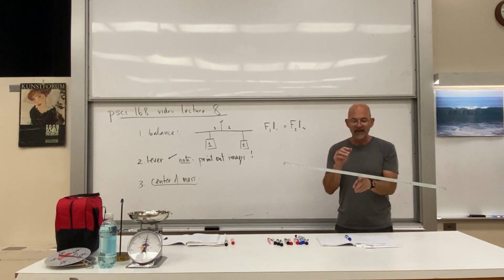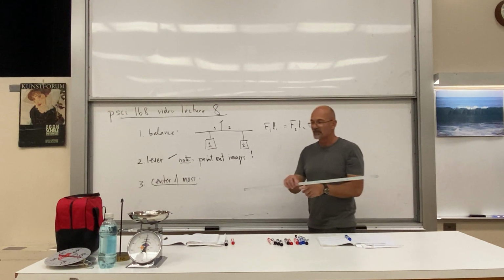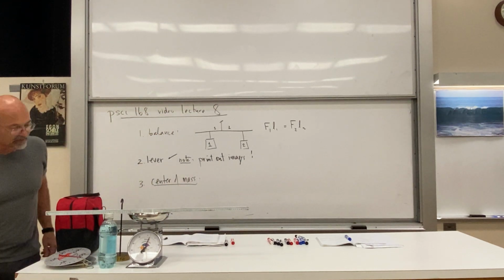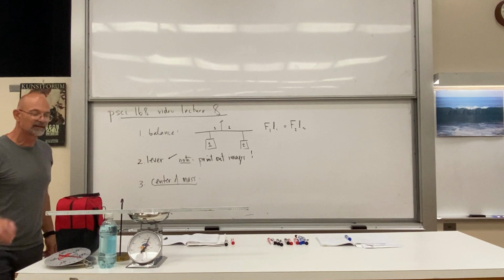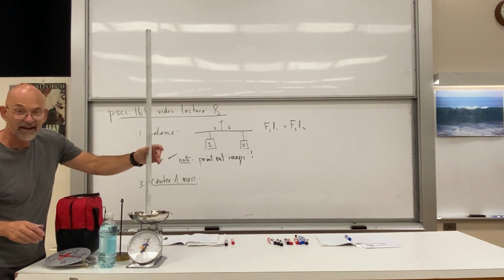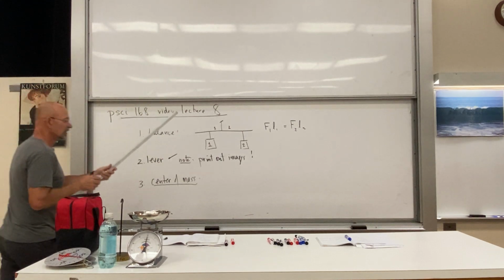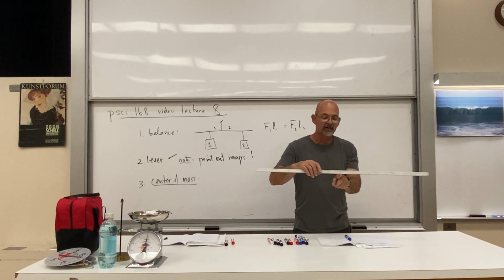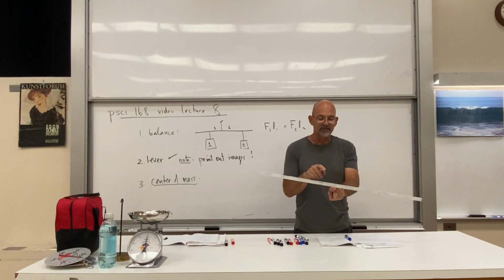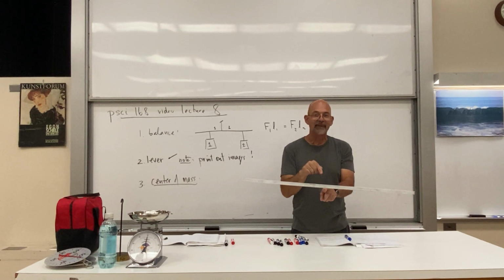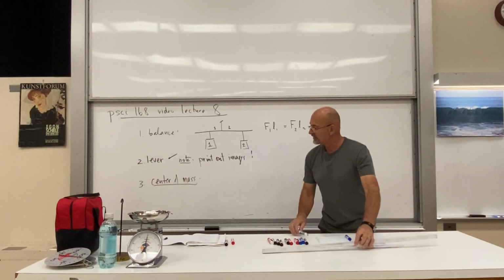The key though is that the weight of this thing, if I put it on the scale, weighs a few newtons. It would weigh the same amount if I stood it up on end. So it has a certain weight, but by balancing it at the center of mass, I can say that in terms of the weight vector, the force vector, it's concentrated at the center of mass. I think I stated that last time.